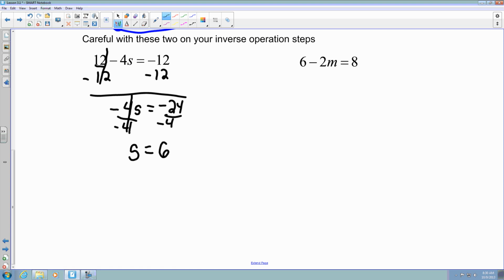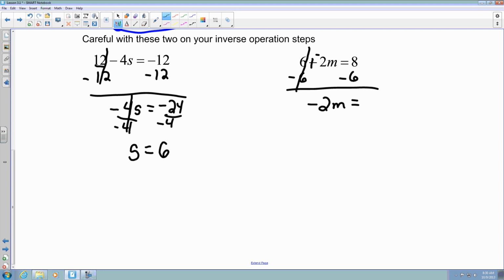Okay? Here, 6 minus 2m equals 8. We've got to eliminate the constant, which we're going to do by subtracting 6. So it eliminates this constant on the left-hand side. All I'm left with is a negative 2m. Remember, if you were to cross the line and change the sign, you would have a negative value there.